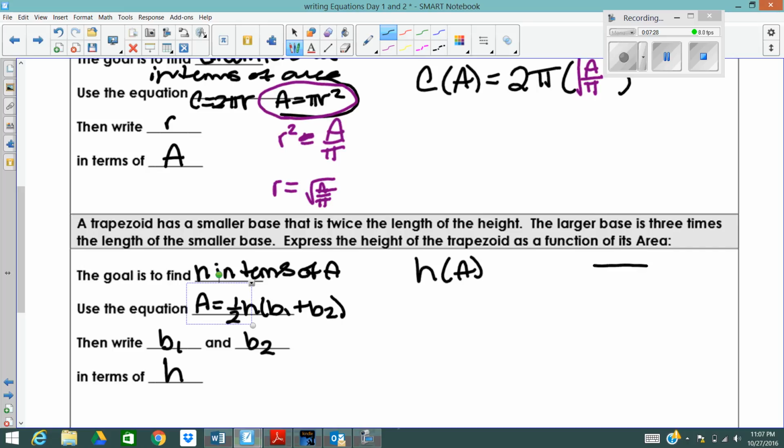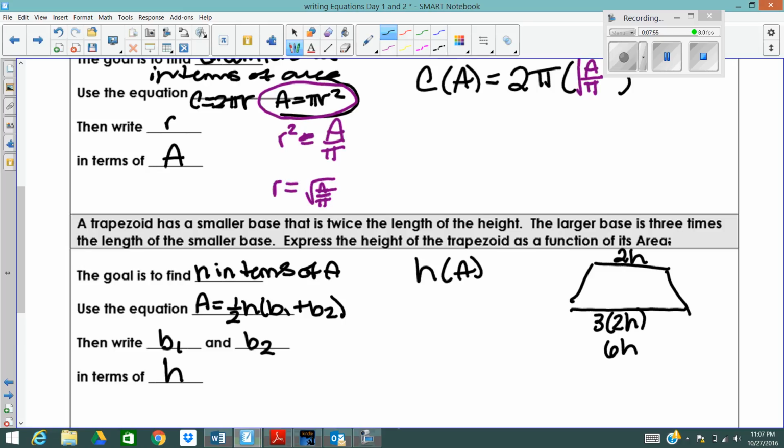So to make this question a little bit easier, I think drawing a picture is going to be helpful. So we have a trapezoid has a smaller base that's twice the length of its height. So that's 2h. The larger base is 3 times the length of the smaller base. So 3 times the length of the smaller base, which is really 6h.